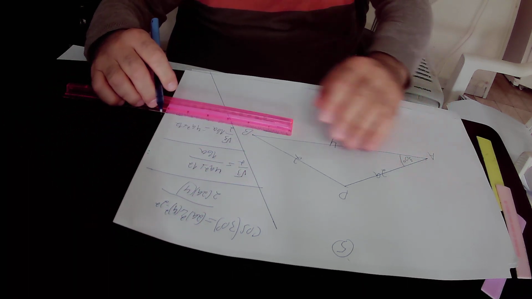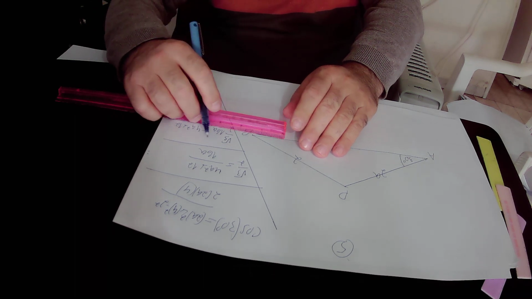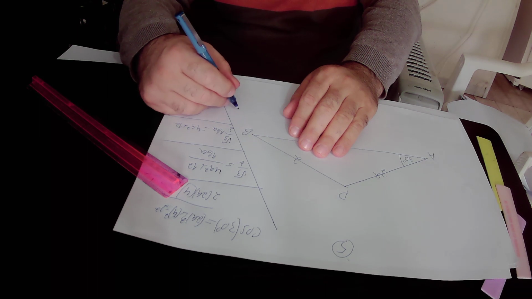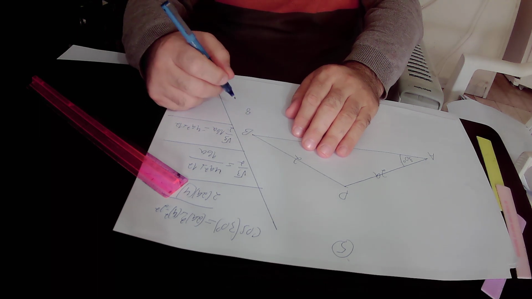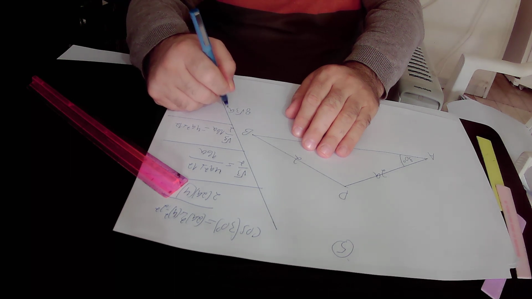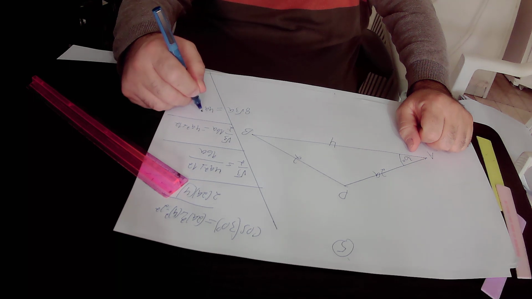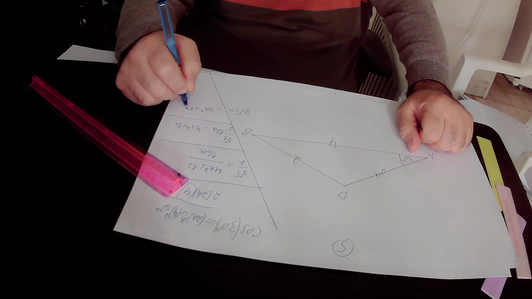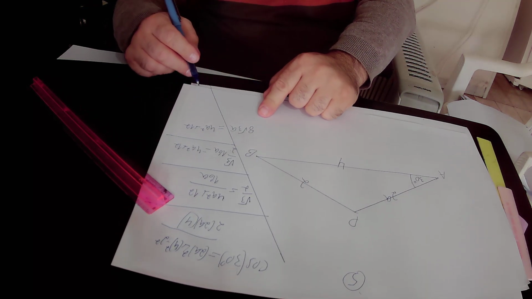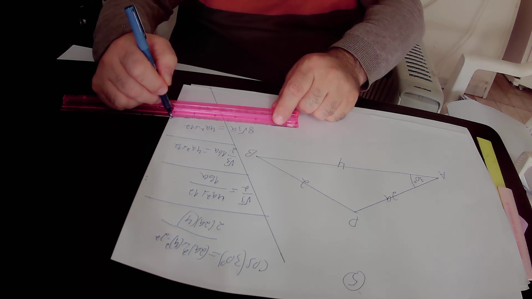So here 16 over 2 is 8. So we get here 8 times square root of 3a equals 4a squared plus 12. So here we will divide this equation by 4, and we will get that 8 over 4 is 2.